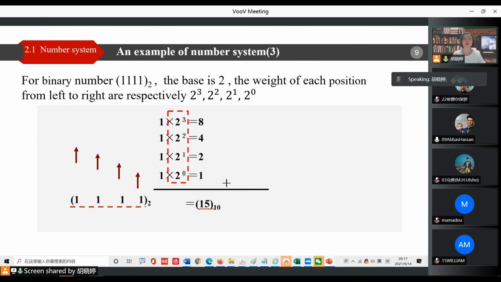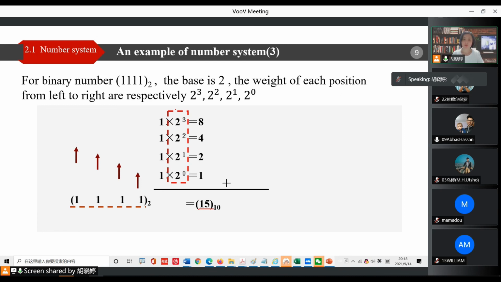Okay, so when you understand what a number system is, in order to convert other number systems into binary, you need to use different ways to convert decimal, octal, or hexadecimal numbers into binary, or convert binary, octal, and hexadecimal numbers into decimal.